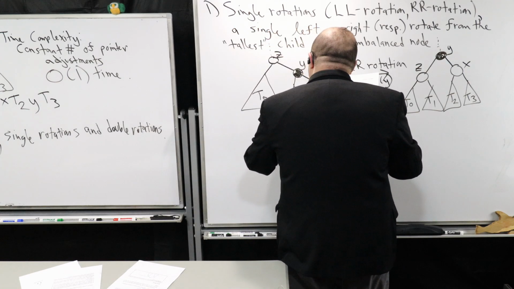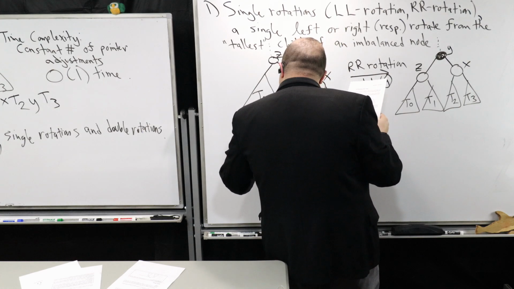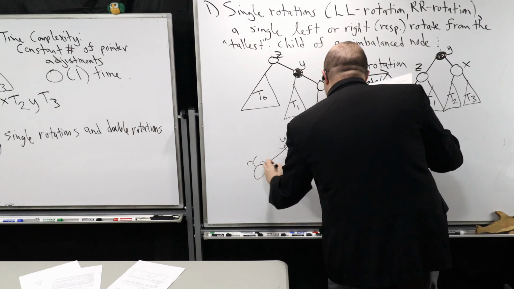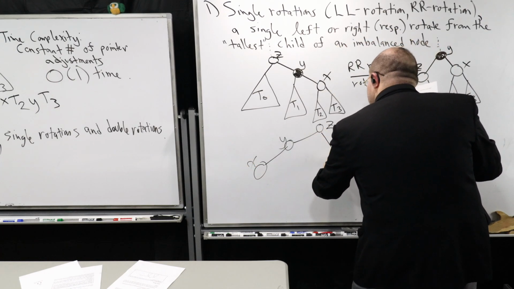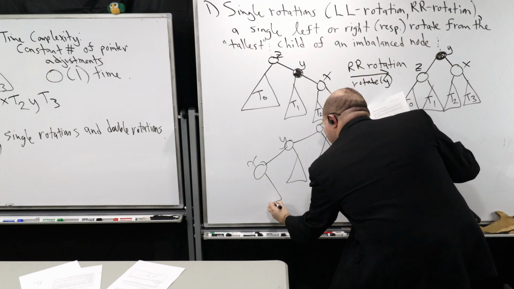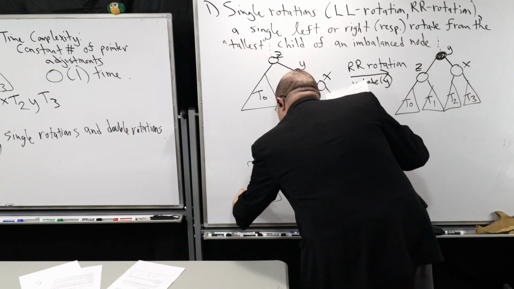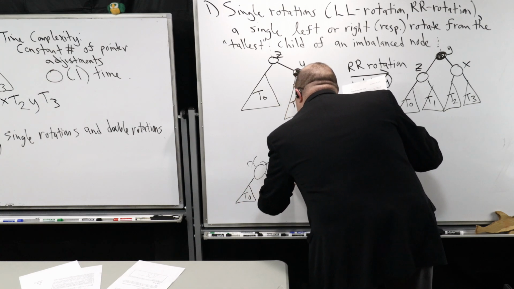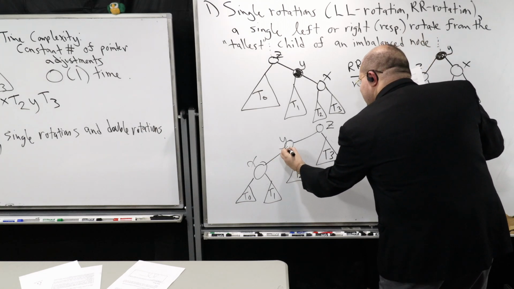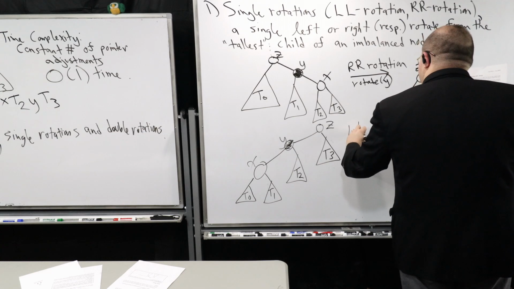So the other type is the LL rotation. It is the symmetric case to this one. I have Z, Y, and X, and T0, T1, T2, T3. It's very exciting over here, it's like a party. And the same idea, I'm just going to rotate on Y. So this is an LL rotation.